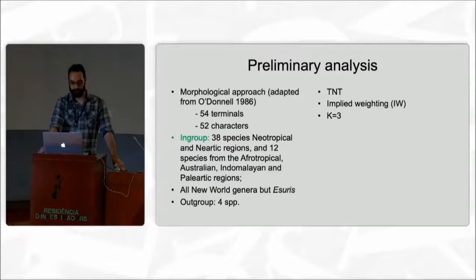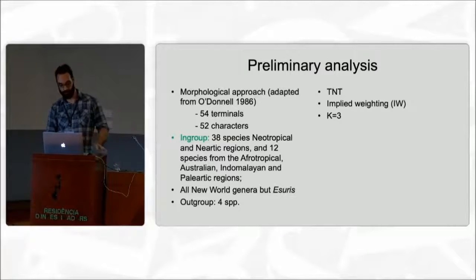We collected 54 terminals with 52 characters. In the ingroup, we have 32 species from Neotropical and Nearctic regions, and 12 species from Afrotropical, Australian, Indo-Malaysian, and Palearctic regions.